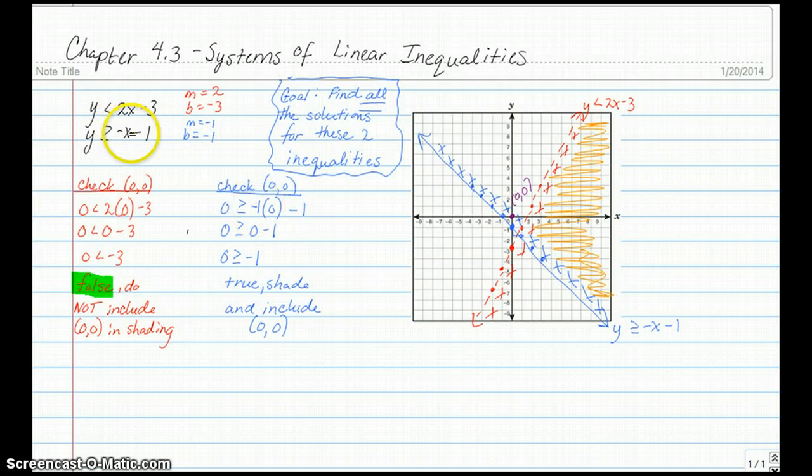We've got negative x, so we're going to make it negative 1 times x. Negative 1 times 0 is 0, minus 1. And then you've got 0 is greater than or equal to 0 minus 1. 0 is greater than or equal to negative 1. That is a true statement, so we're going to shade above or to the right, and include 0, 0.